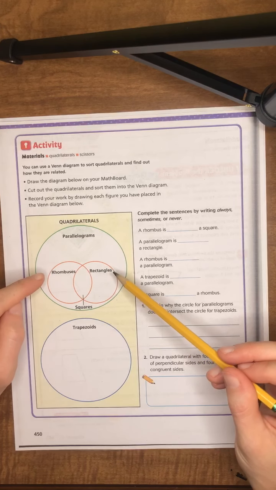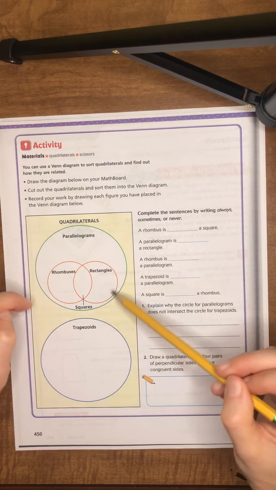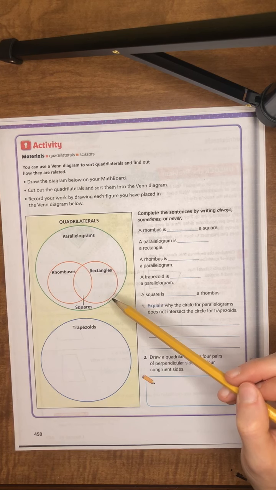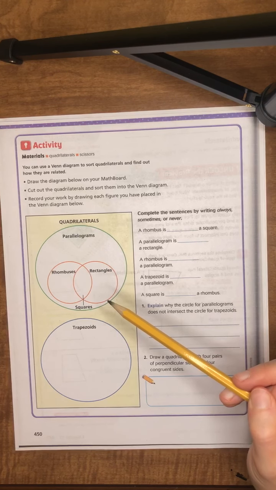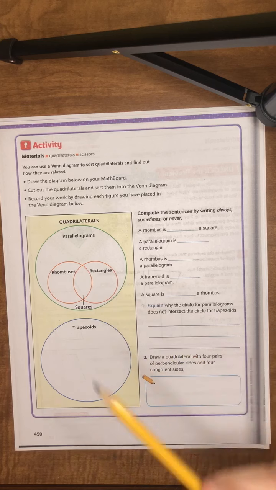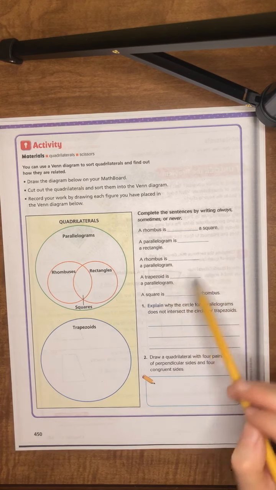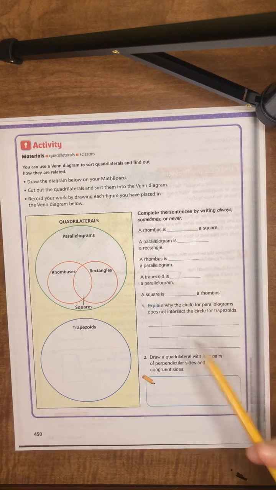However, there are ways in which they intersect, and one can be another, but it doesn't always go the opposite way. So that's why we have these kinds of sentences.